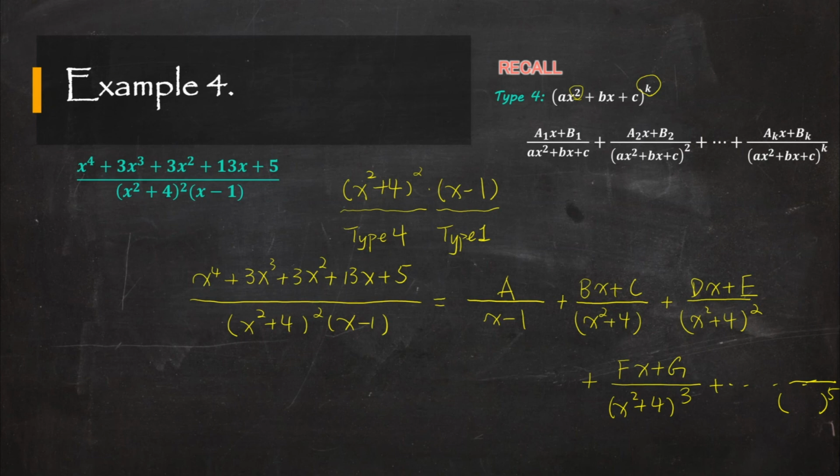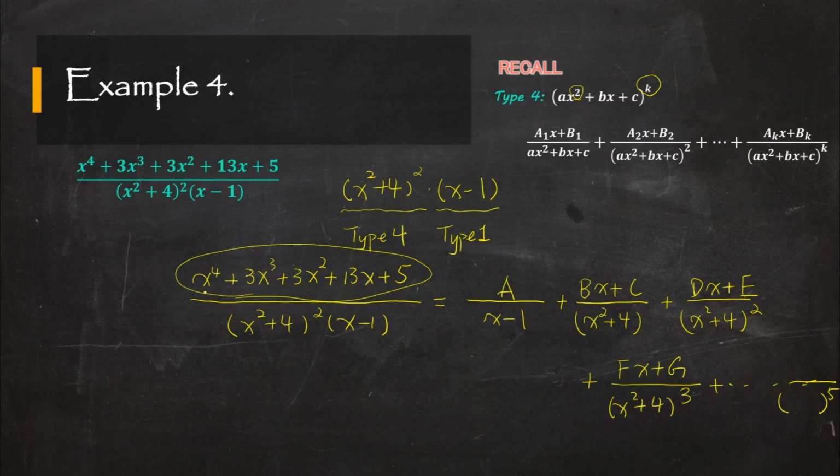And after that, if you want to solve this problem, you can go ahead and combine all those expressions, and you find the numerator on the right, which you set equal to whatever is on the left. And for each x term here, we're going to set up the equations, right?